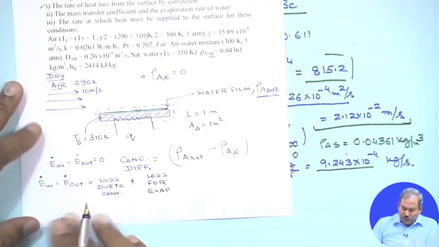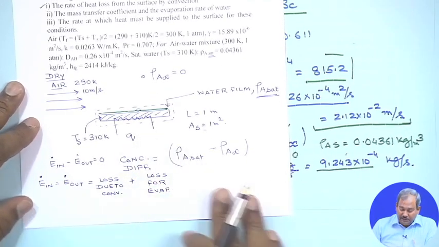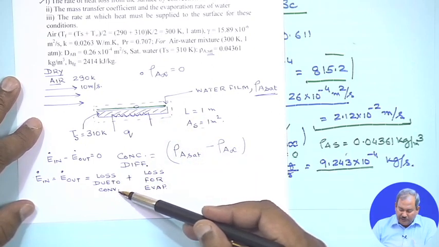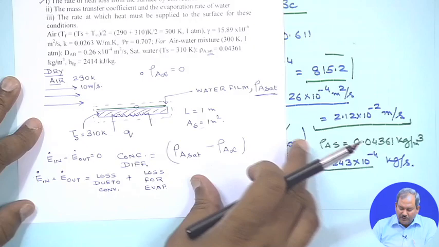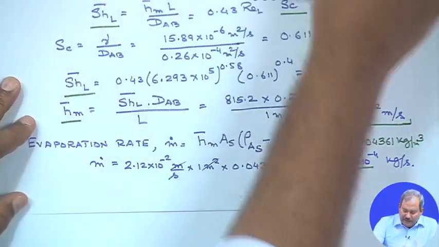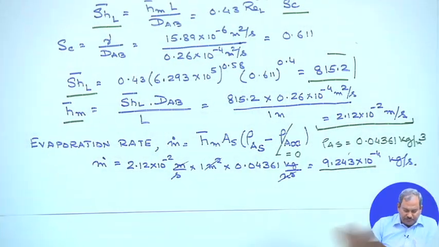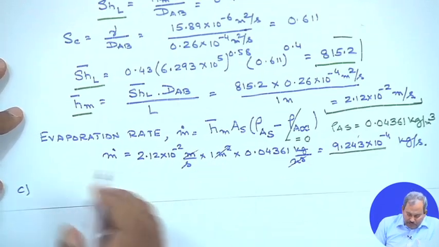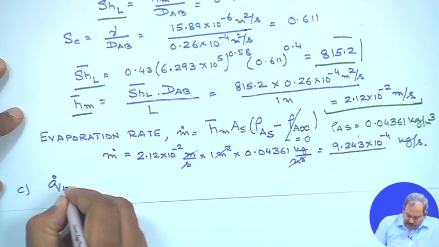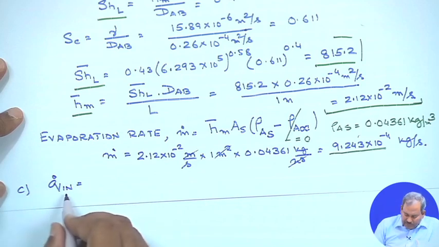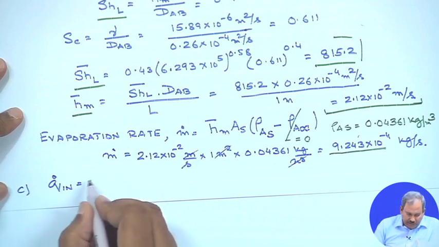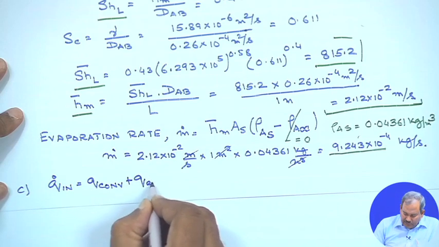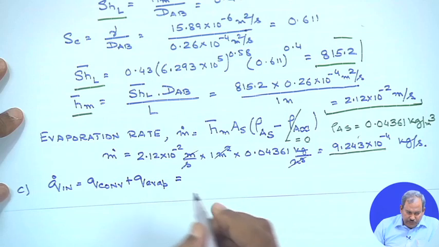So, the total amount of heat that needs to be supplied to the substrate must be equal to the loss due to convection and the loss because of the evaporation of the water film. So, in part C, which is just a small part, the Q dot in, the amount of heat to be supplied to the substrate, would simply be the sum of convection plus Q of evaporation, which we have evaluated.